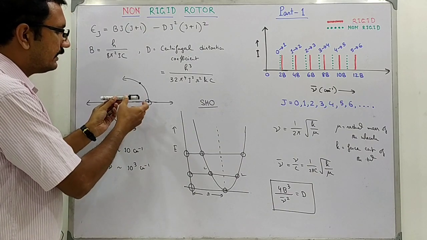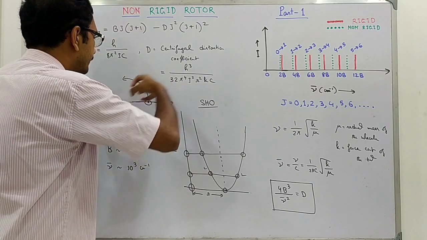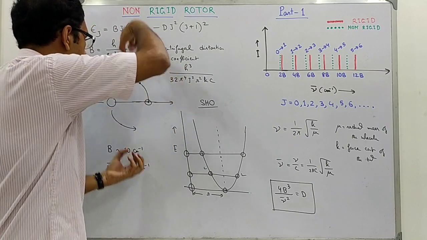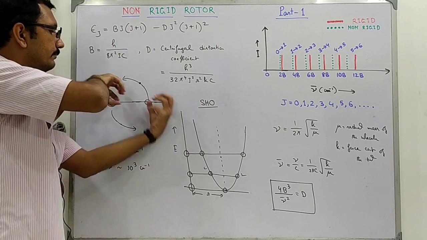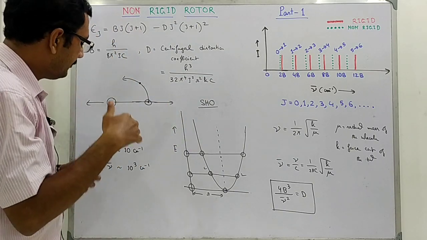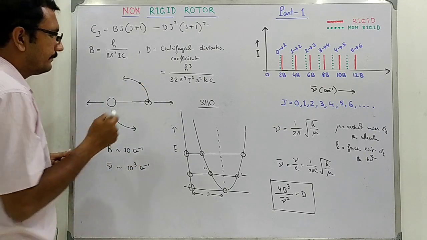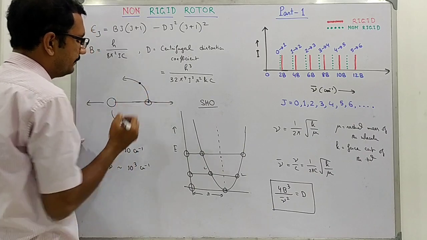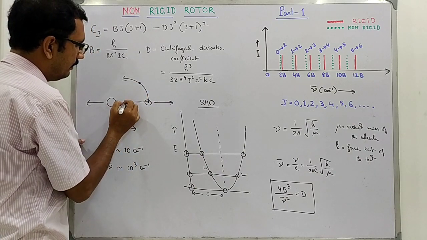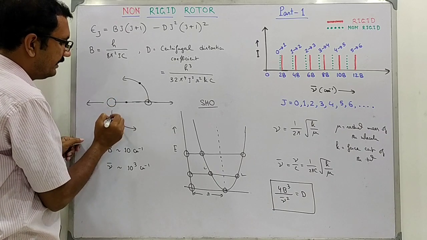So, while this rotation, the molecule is vibrating multiple times. In this way, the rotation is getting executed. So, at this point, if someone asks that, say, at this position, this atom is heavier, so the center of mass will be here.